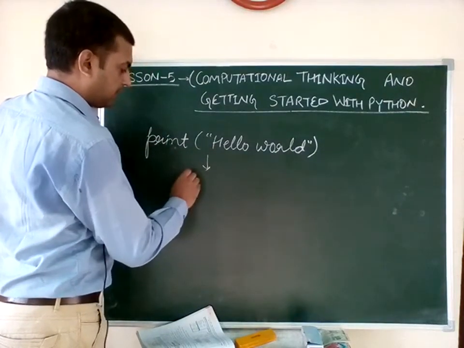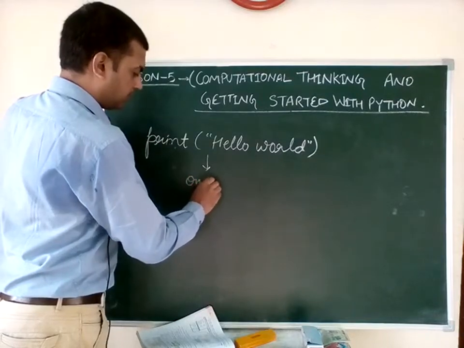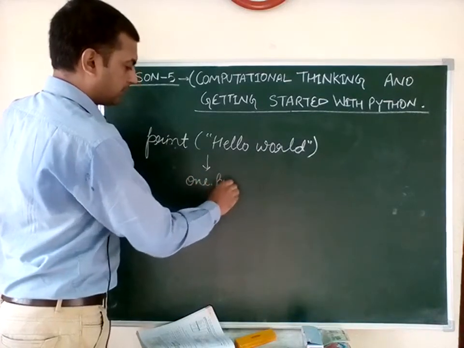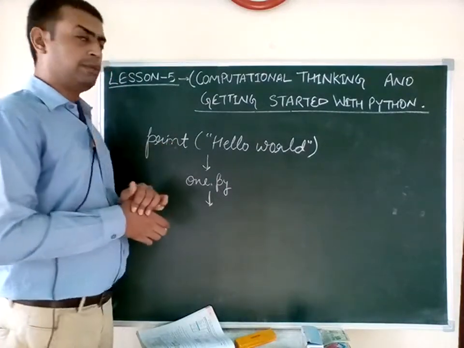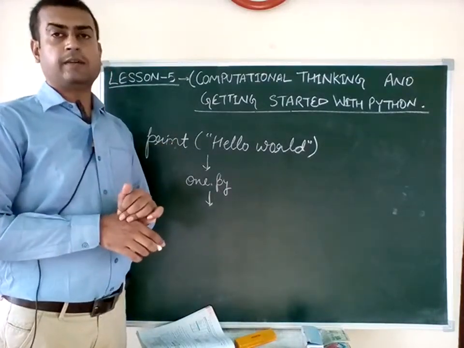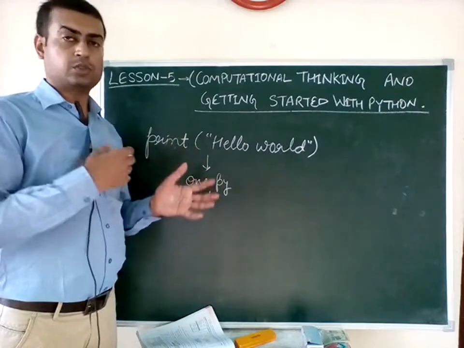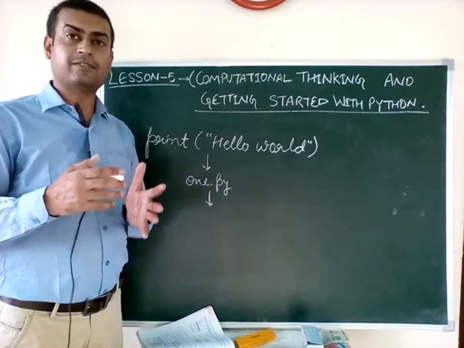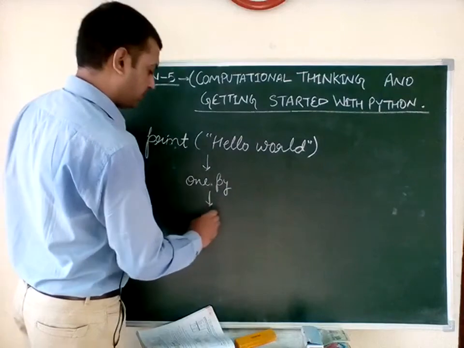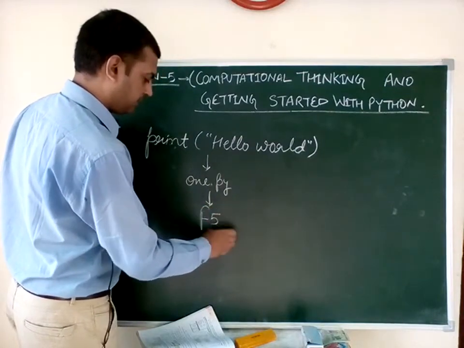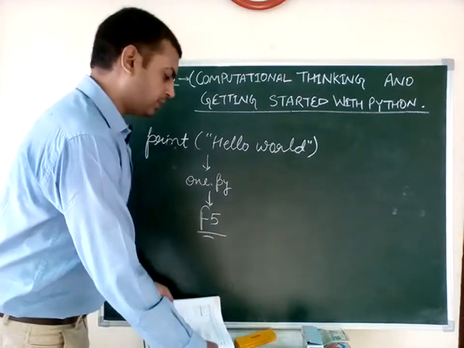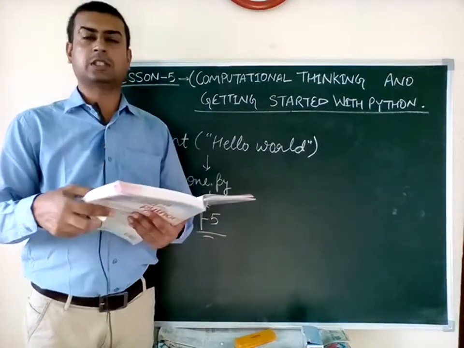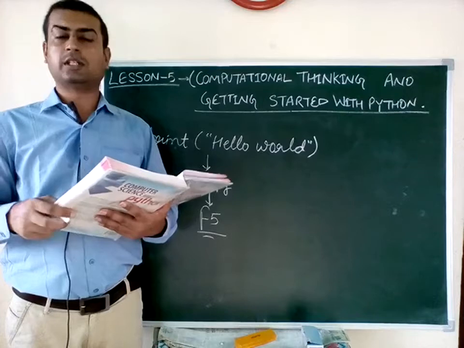So how will you save? Any name, like 1.py, I have given. After saving, the prompt window will open before you. You can go to the option, or you can press the F5 button. By pressing F5 you can run the program. So this is a very important thing: how will you run?